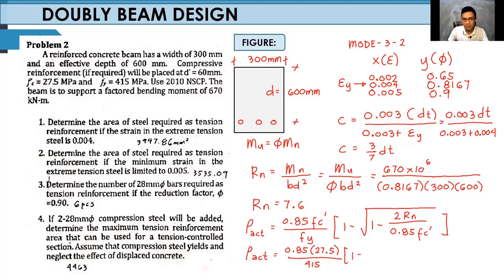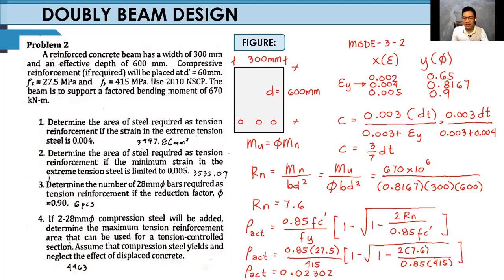Then 1 minus square root of 1 minus 2 Rn na solve natin kanina, which is 7.6, divided by 0.85 fc prime 415. Ayan. Extend lang natin. Close parenthesis. Okay, so by using our calculator, yung result nito is equivalent to 0.02302. That is the value of our rho actual.